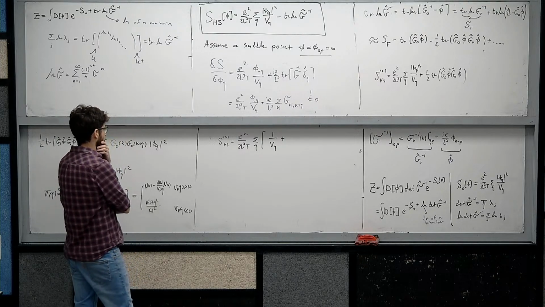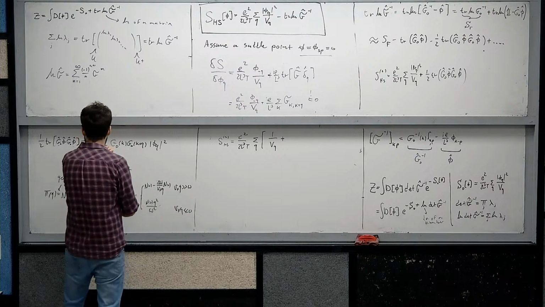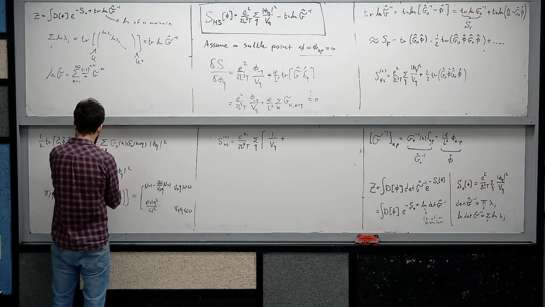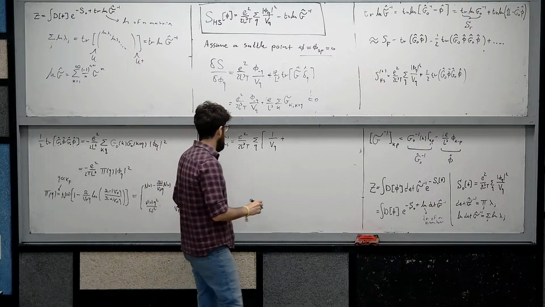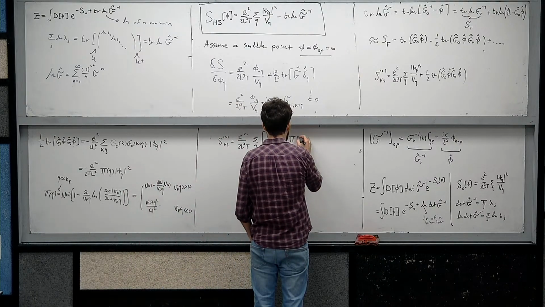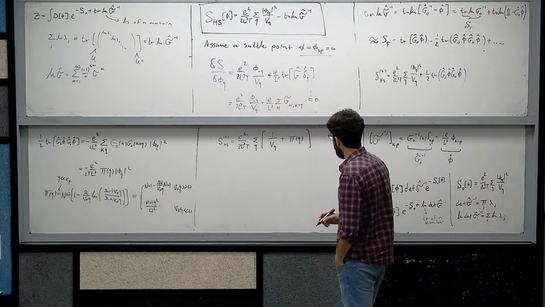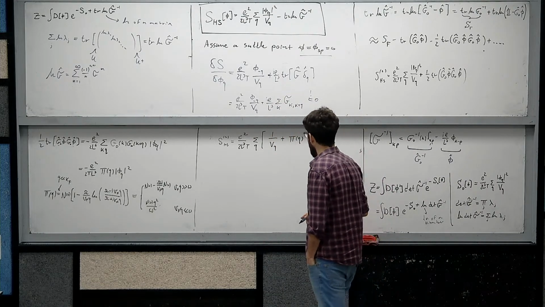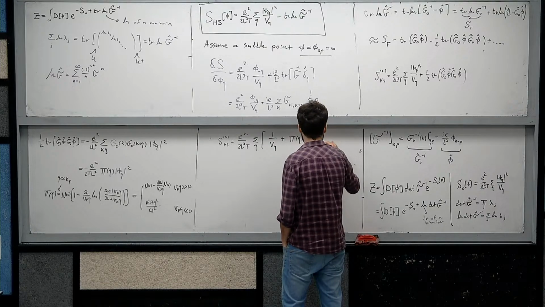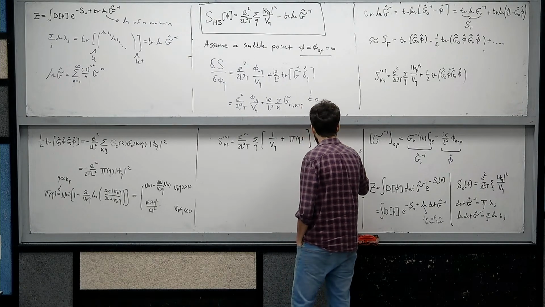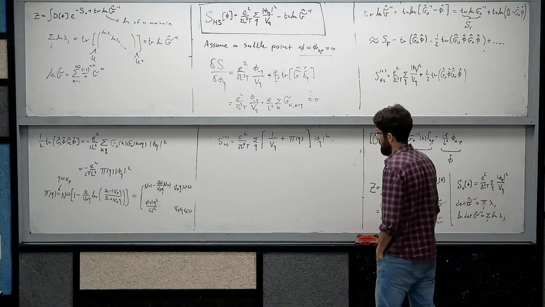Where's the 1/2 factor? Oh, this probably comes with a 1/2. Good. And then I have here pi of q, and then phi of q squared. So this is the second order.